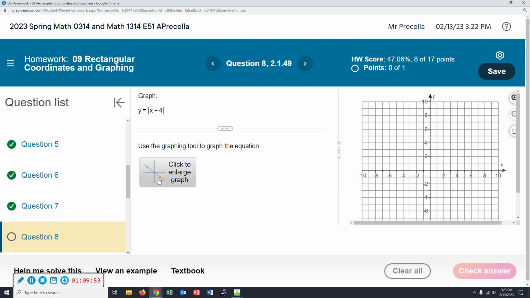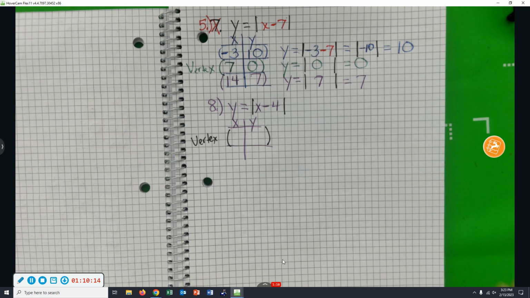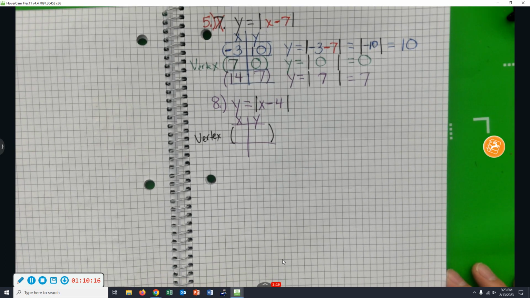So, I'm going to make an XY table. The first point I'm going to label on here is the vertex. Okay, I'll make an XY table.